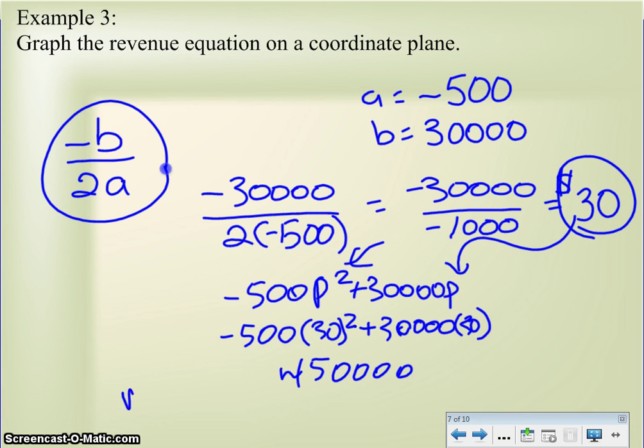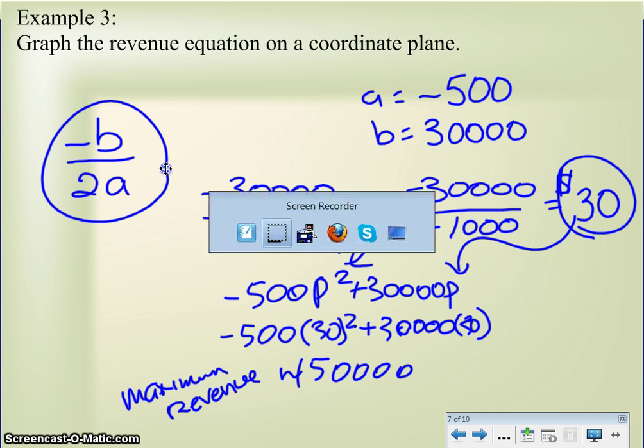So our maximum revenue is going to be $450,000, and that's when selling the units at $30 per piece.